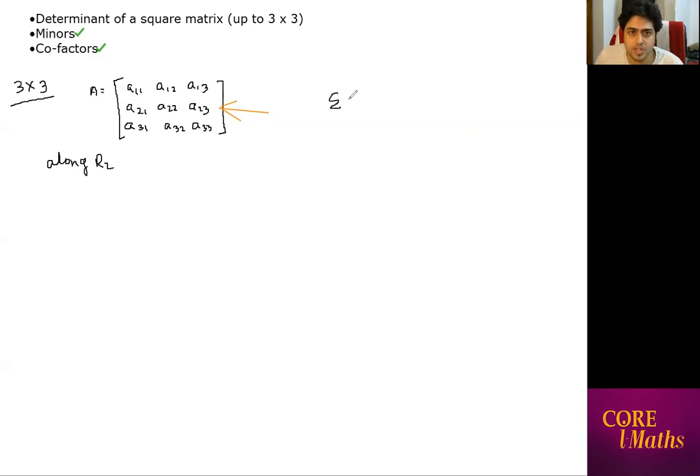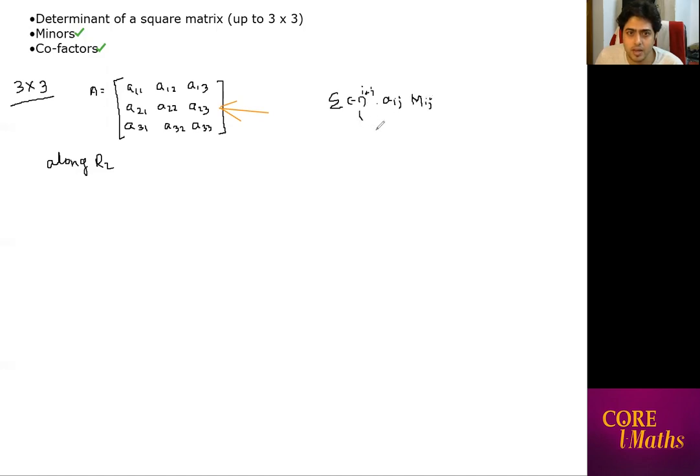This is the summation of -1 whole to the power i plus j into its element into its minor.